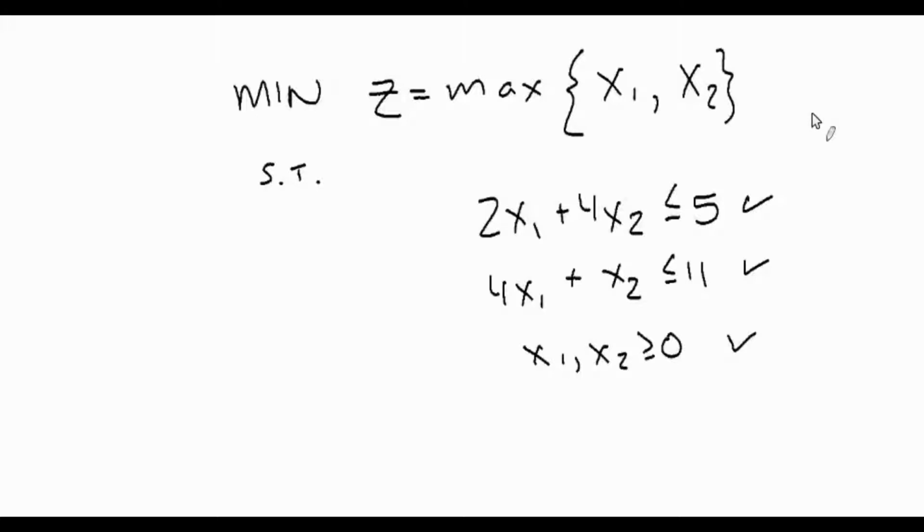This problem asks you to create an equivalent linear program. That is, a linear program that is equivalent to this optimization problem. So we can do this by introducing a new variable, x sub 3.